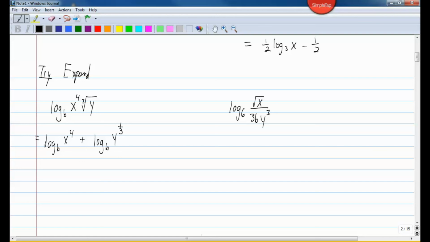Now that I've applied the product rule, I need to see if I can apply the power rule, and I can. So it's 4 log base b of x plus 1/3 log base b of y.